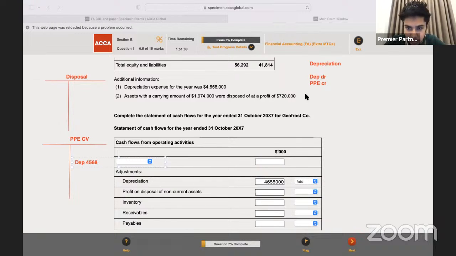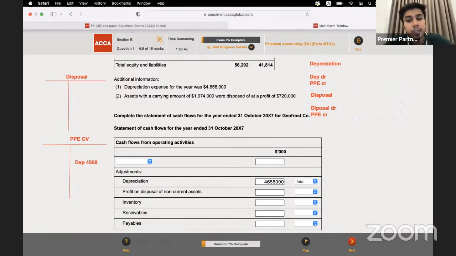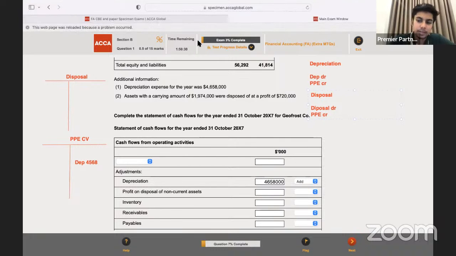Now, what's the second thing that you should remember if the PPE is held at carrying value? Second thing is, guys, during disposal. Now, normally when you sell an asset, we call it disposal. So during disposal, guys, the double entry will be disposal account debit, PPE account credit. And remember, you should show the carrying value. Once again, guys, under traditional accounting, during a disposal, what do we do? Step one, remove the cost.